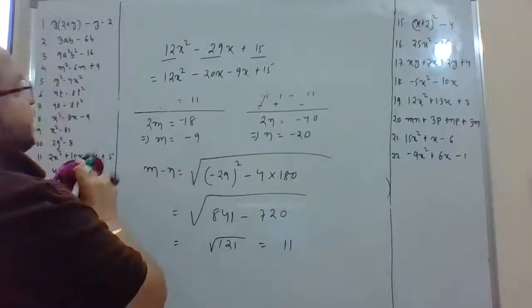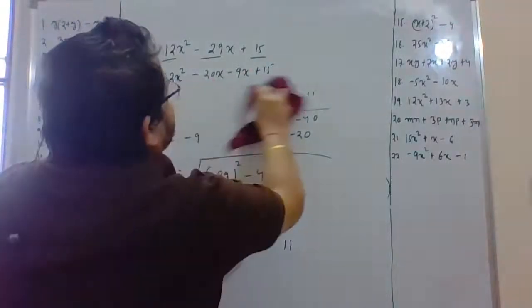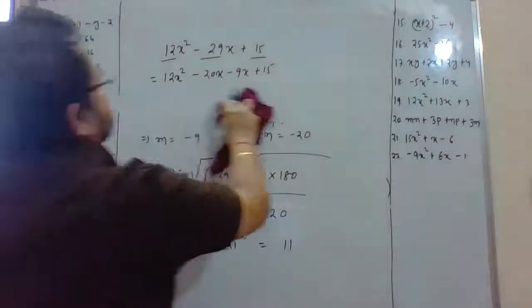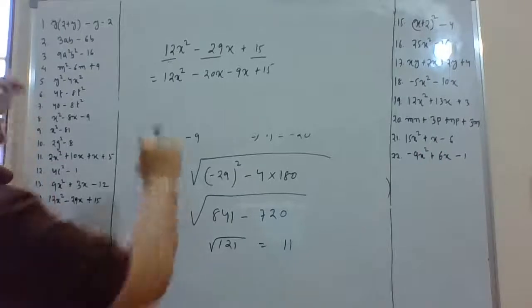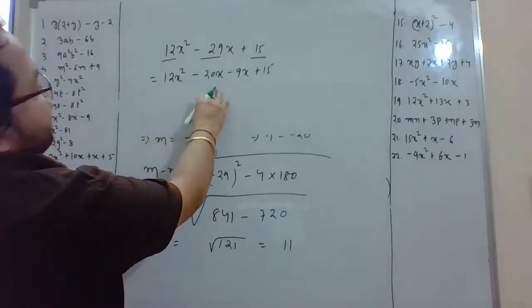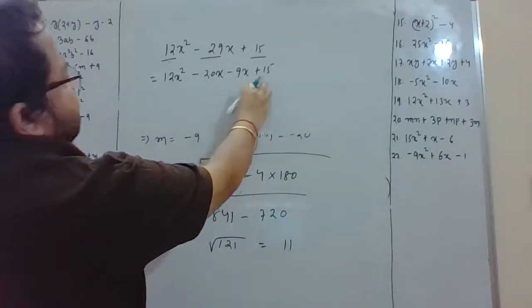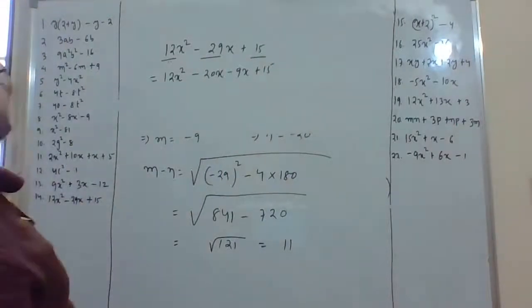Okay, so that is nothing but, let us now change it. So here what we are getting is 12x squared minus 20x plus 9x and plus 15.